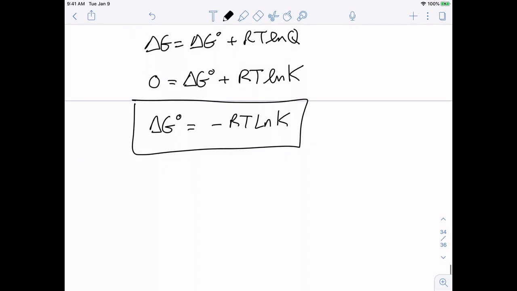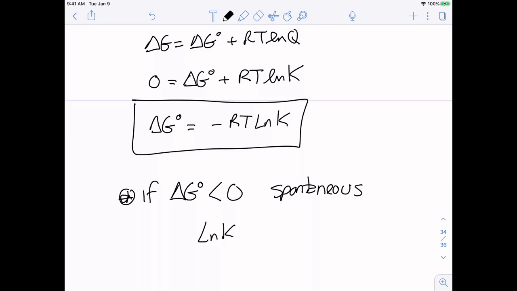So if delta G naught, right, is less than 0, spontaneous, right? And what that means, if that's a negative value, then the natural log of K needs to be a positive value, right? Because there's a negative in the formula, so a negative times a positive would give me a negative value, right? Delta G needs to be negative. So my natural log of K is greater than 0.